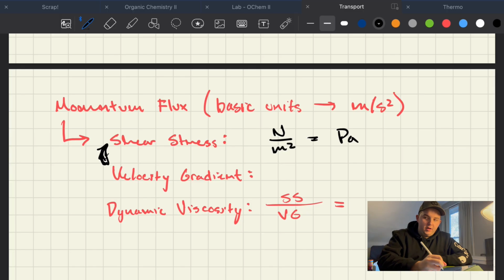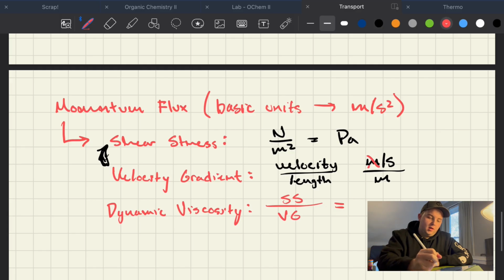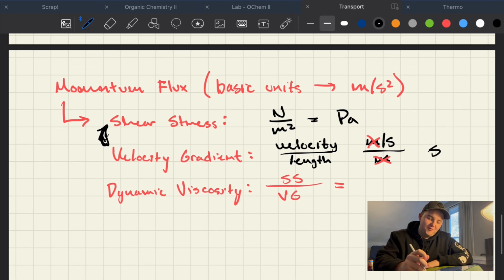The velocity gradient is velocity over length. The velocity is in meters per second, and length is meters. Then these two cancel, so we're left with Pascal seconds. Or sorry, we're left with seconds. I'm getting ahead of myself.